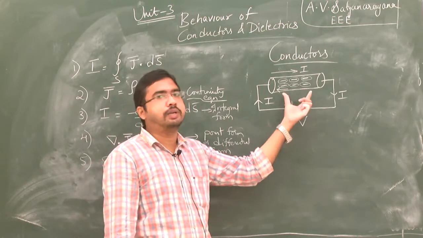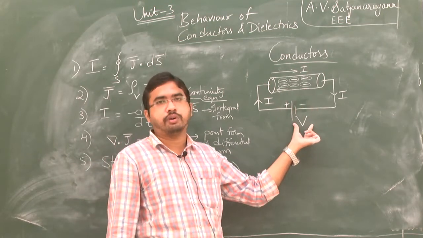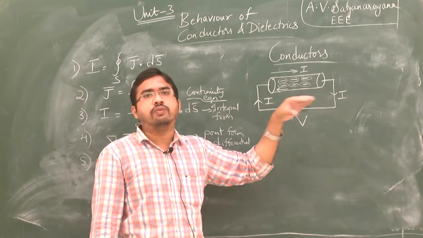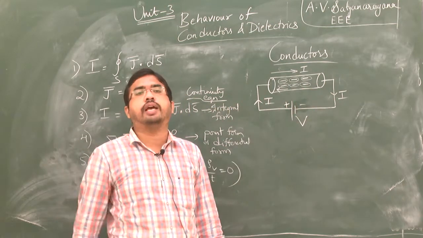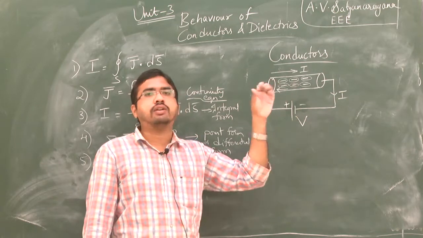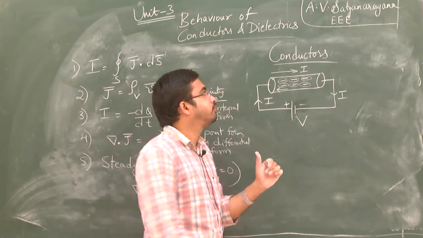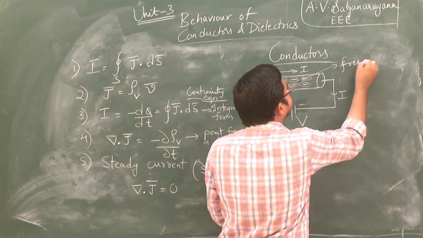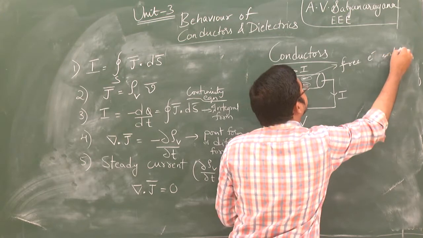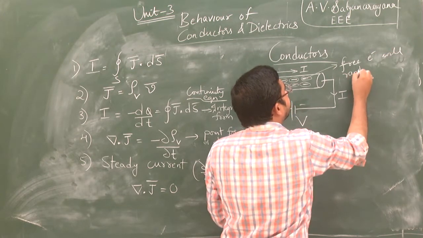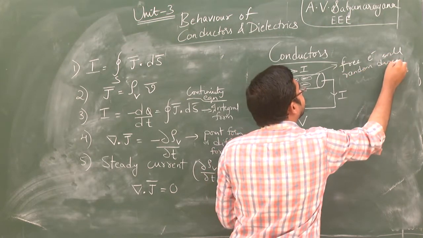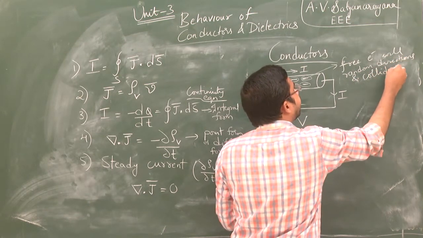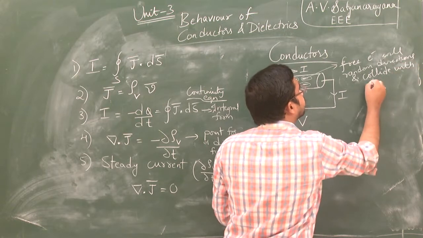On the immediate application of this electric voltage or potential, these free electrons in the conductor will start moving in random direction and they will start colliding with the other atoms.